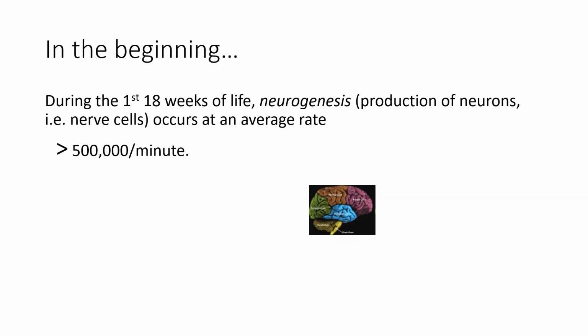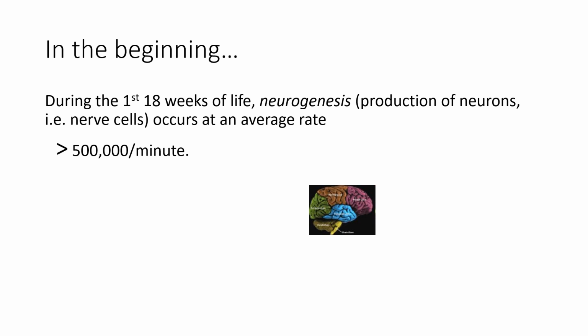In the beginning, during the first 18 weeks of life, neurogenesis occurs. Neurogenesis is the production of neurons. Neurogenesis actually still continues throughout your life. It just is very rapid during prenatal and neonatal development.